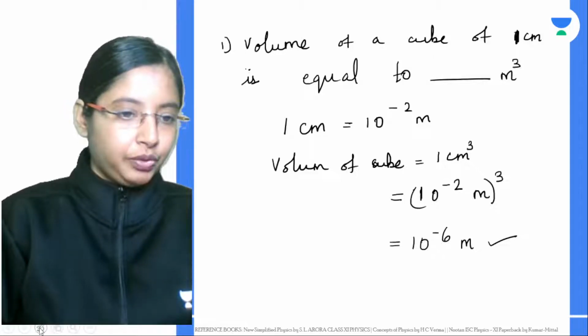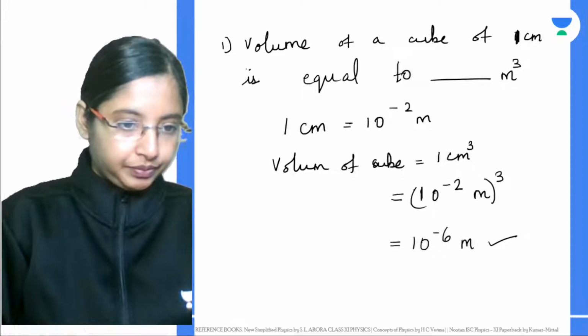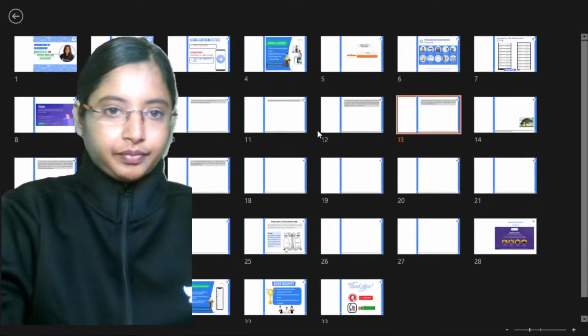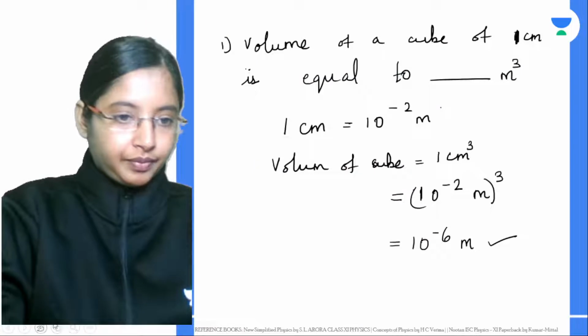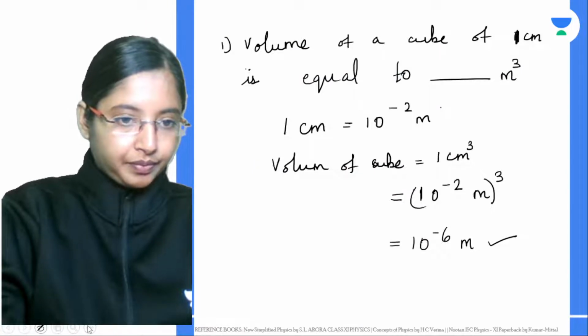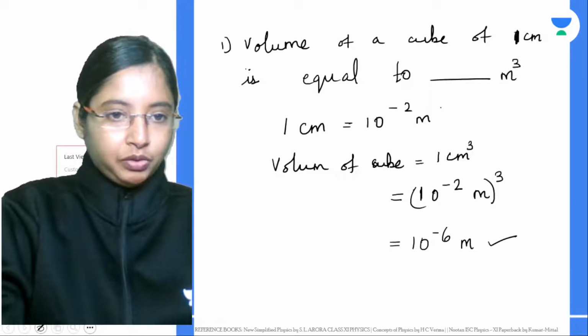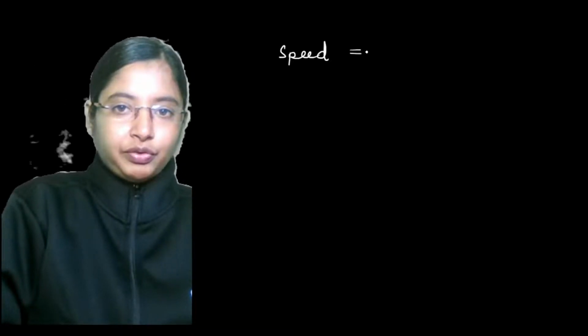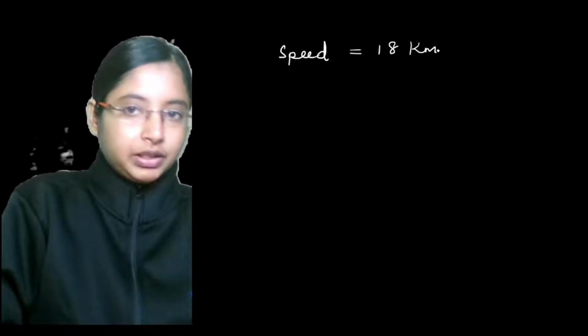Okay, let's do one more question. Now let's look into the unit. A vehicle is moving with a speed of 18 kilometer per hour.